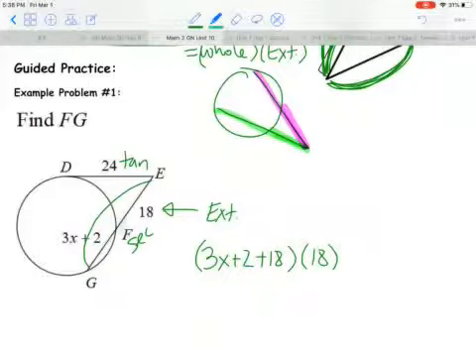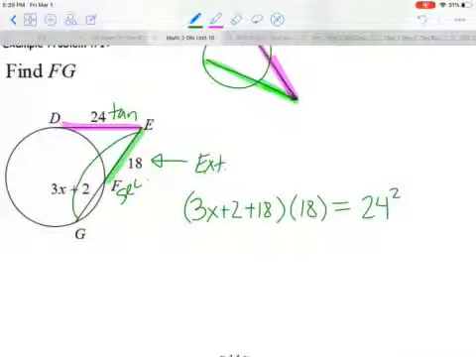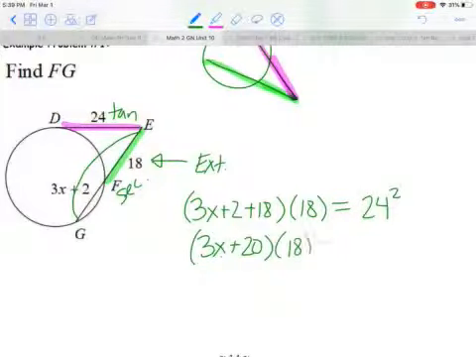So if you notice here, that right there is the only part that goes outside the circle. And then on the other side, we've got our tangent that we're going to times by itself. So 24 squared, because there's no inside and outside. And let's just simplify this a little bit. So 3x plus 20, to make your lives a little easier.